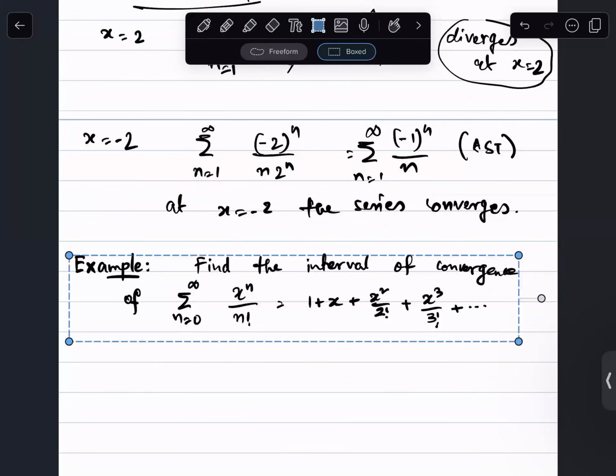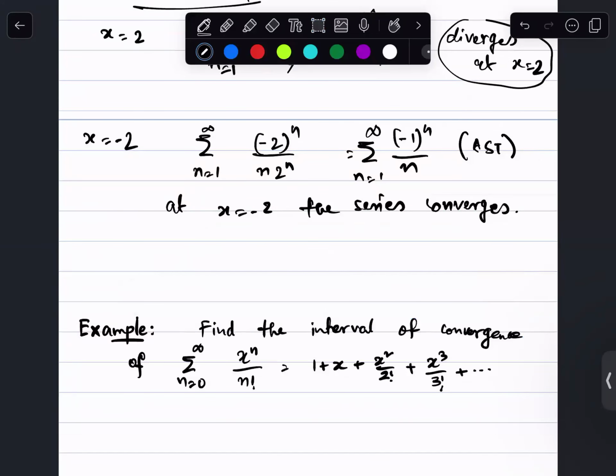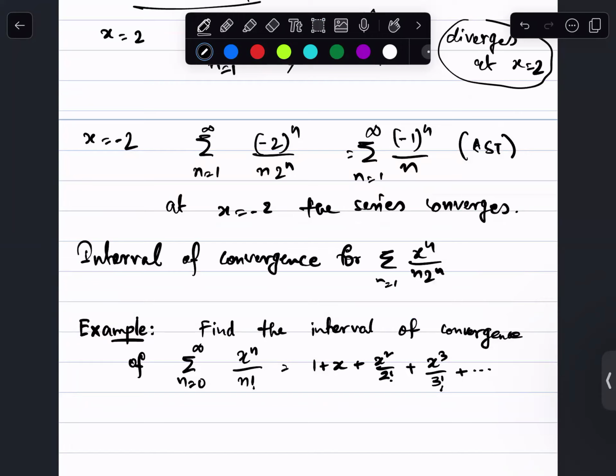So therefore, my interval of convergence becomes... so minus 2 should be included and 2 should be excluded. This is the interval of convergence. Okay, cool. For the next problem... okay, so that's how we actually find the interval of convergence for a particular power series.